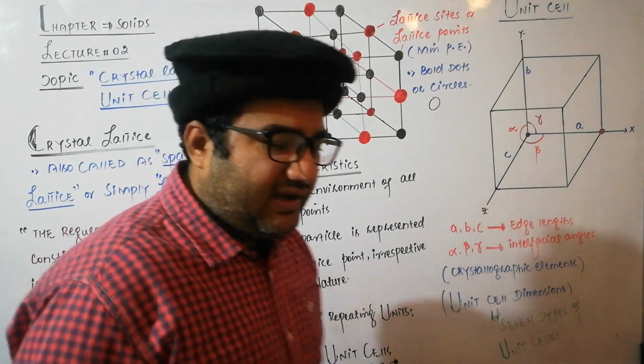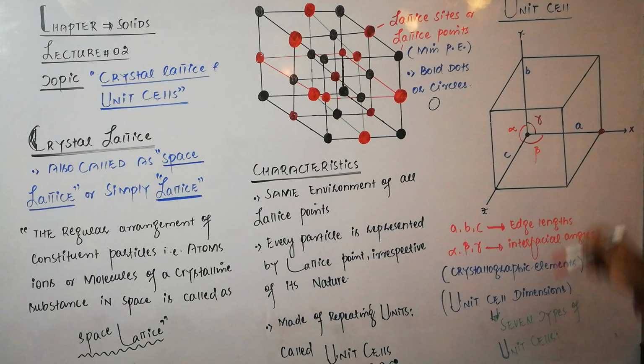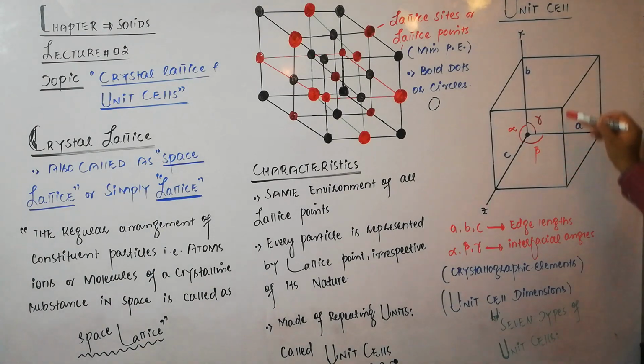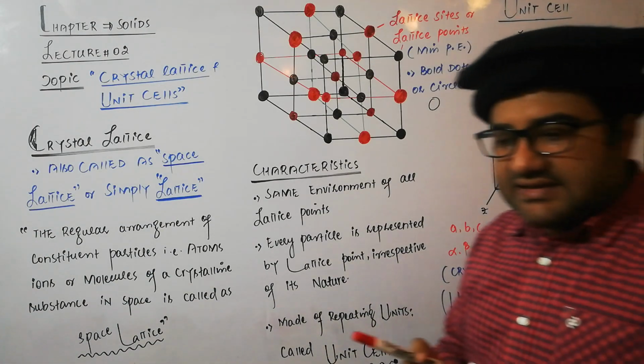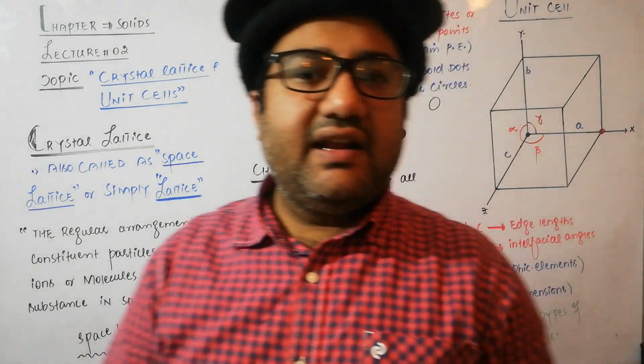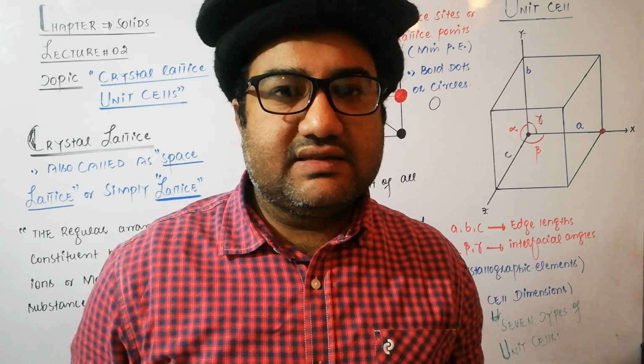In the same way, there are three interfacial angles. This one is a complete face. Similarly, this is also a complete face. This one is also a complete face. A cube has six faces, and the angles between these faces are called the interfacial angles.